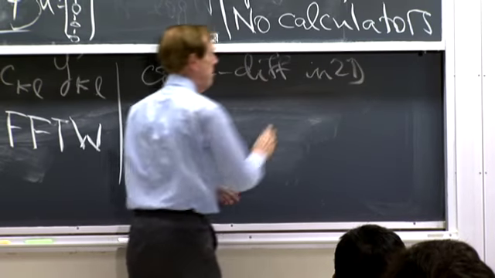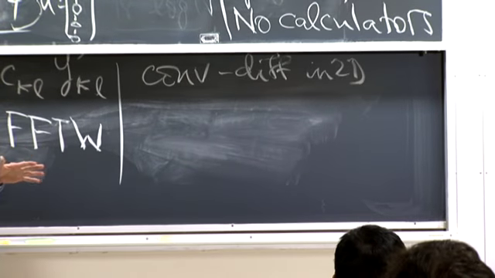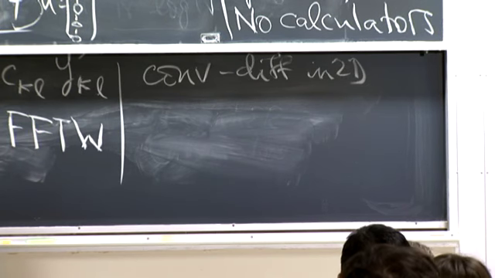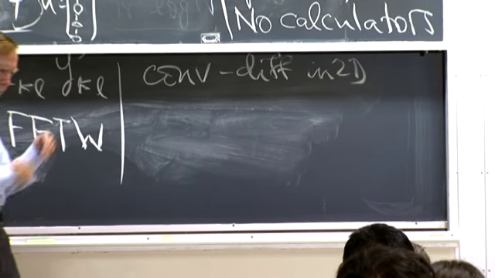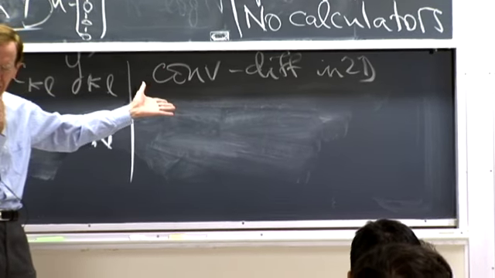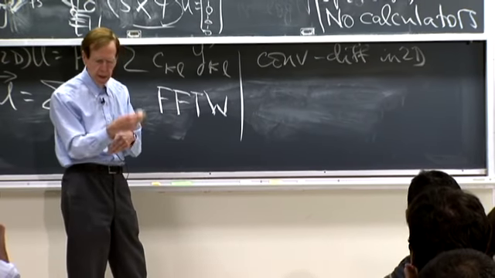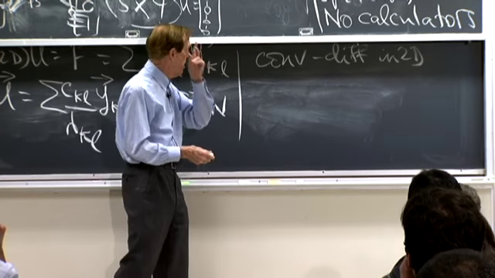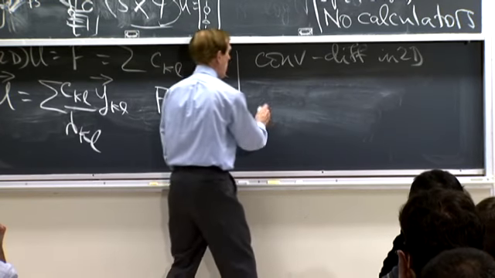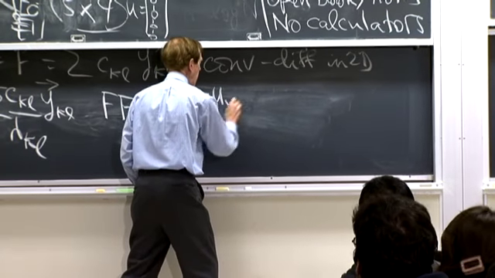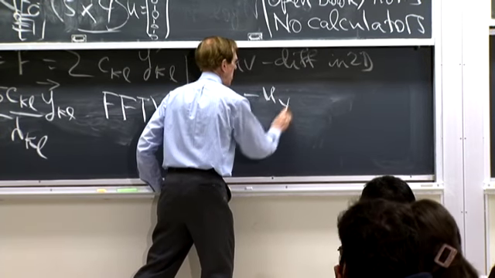Part of your interest is to pass 18.085 and get rid of it, but another part is that these are problems you're going to meet if you're in course 16, course 2, or others. So the diffusion part, again in 2D, is going to be some minus the Laplacian of u.